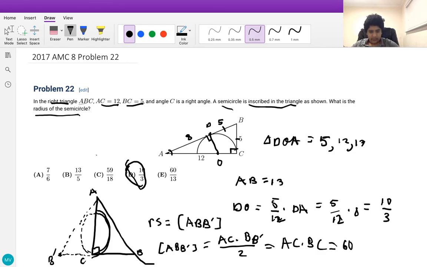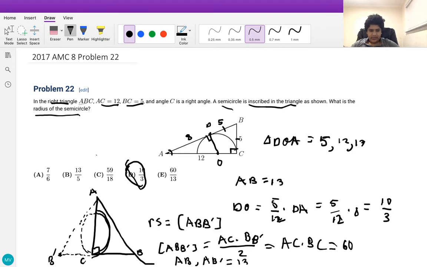Now we look at the semiperimeter. So here we note that the semiperimeter is going to be AB plus AB prime plus BB prime, all over 2. Now, straight off the bat, we know that AB and AB prime are equal to 13.